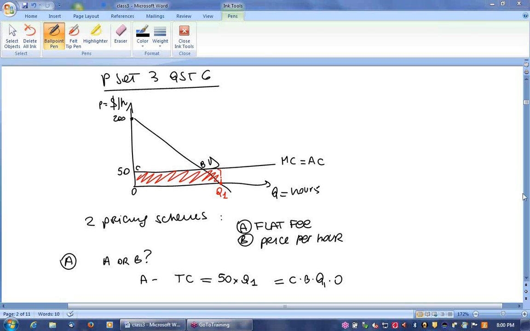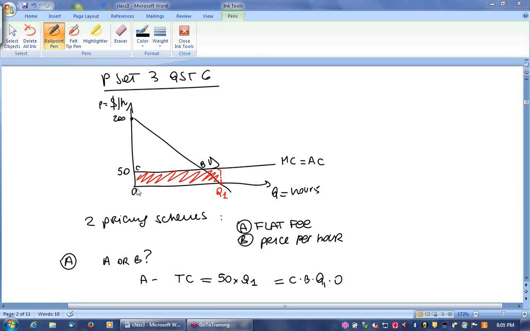Here we are not saying that the flat fee is 0. What we are saying for now, we are trying to understand with a flat fee how many hours a consumer would use. So again, after having paid the flat fee that we will find at the end of the exercise, how many hours once you have the service you would use the service.